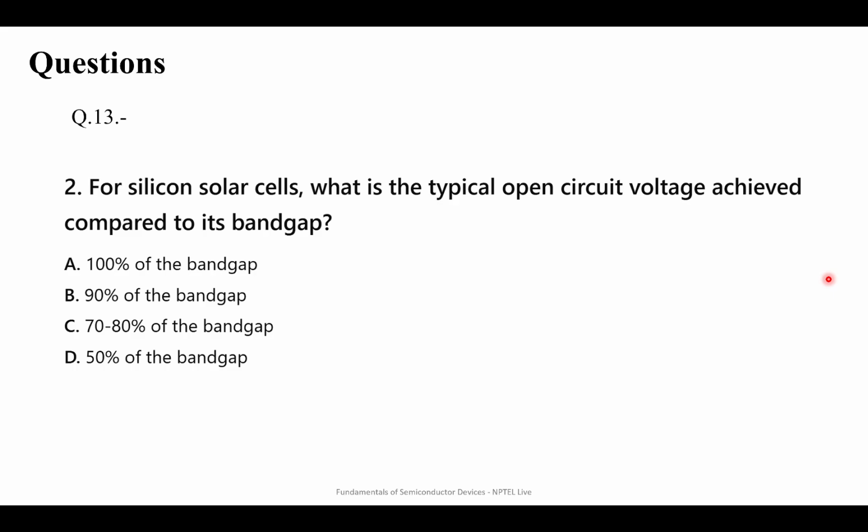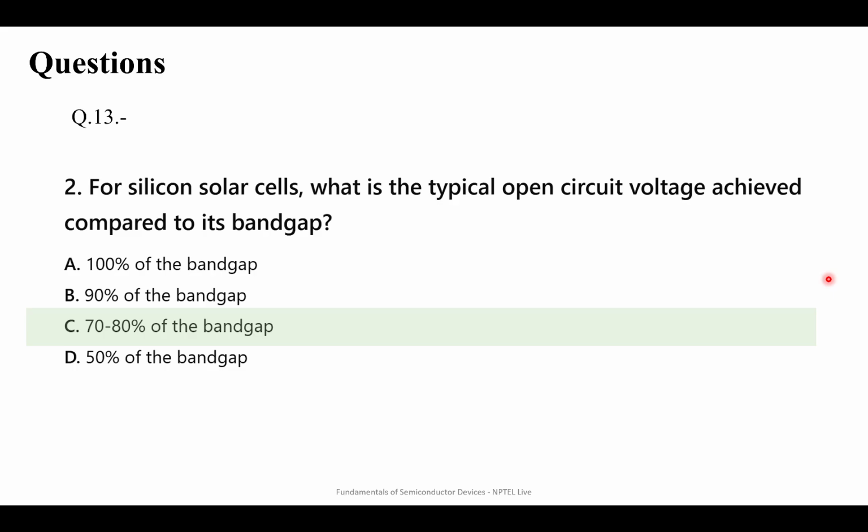For silicon solar cells, what is the typical open circuit voltage achieved compared to its band gap? 100% of the band gap, 90% of the band gap, 70-80% of the band gap, 50% of the band gap. I think it is 90%, because 70 to 80% or 90%. In between that.